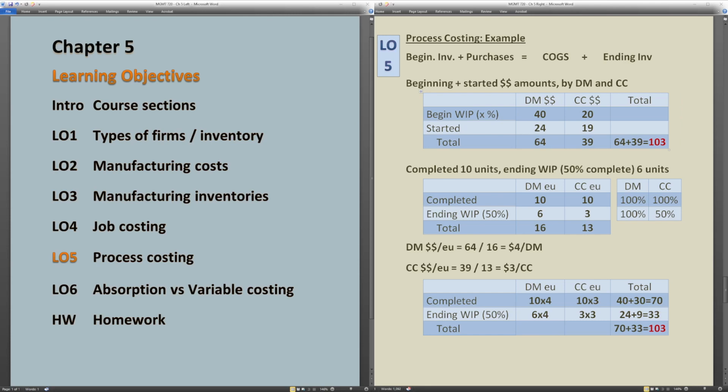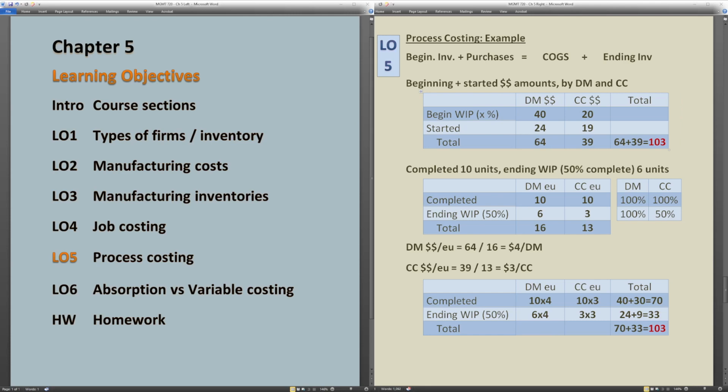It's 70 versus 33, whereas the top one is 60 versus 43, I guess. So we have conserved all the dollars. All the dollars have moved across. All we did was use the equivalent units to see how do we divide up that $103 between completed and ending work in process. Now I imagine you probably will end up going back and listening to this example maybe once or twice, and that's fine.